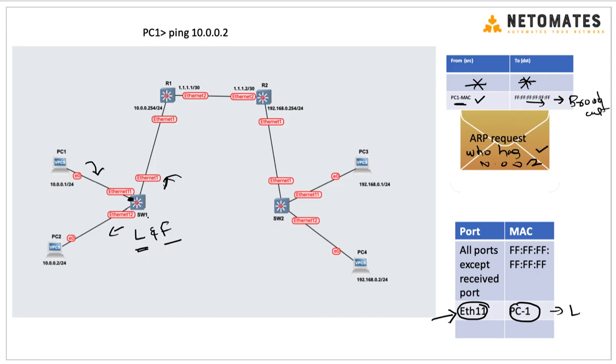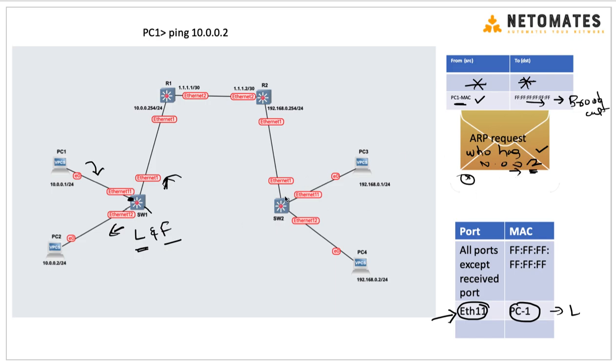If you had another link, it would make another copy, three copies. But in this topology, it will make two copies and send one from this interface and another from this interface. When the packet goes to R1, R1 will not respond to this ARP request because it does not have that IP. But when the packet goes to PC2, PC2 will reply, because PC2 has this particular IP address.